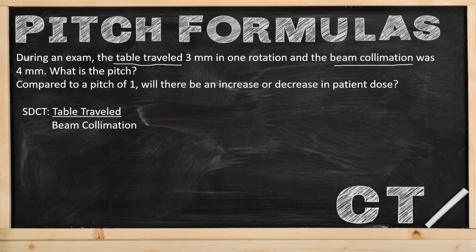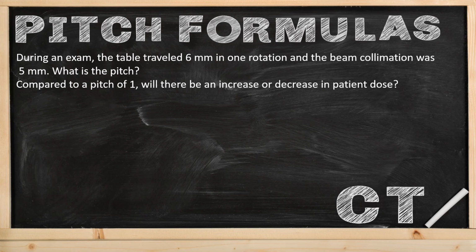So we have a table traveled 3 millimeters and the beam collimation 4 millimeters. Our answer is 0.75 pitch. Now, compared to a pitch of 1, will there be an increase or a decrease in patient dose? There will be an increase in patient dose, as expected.